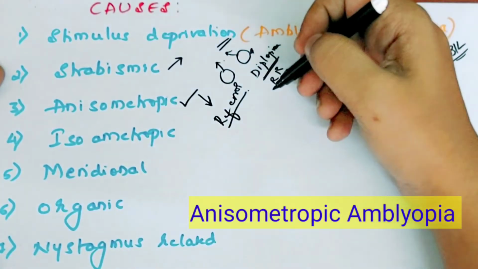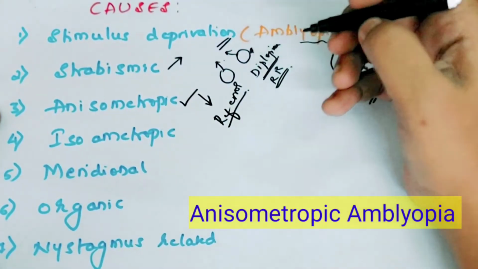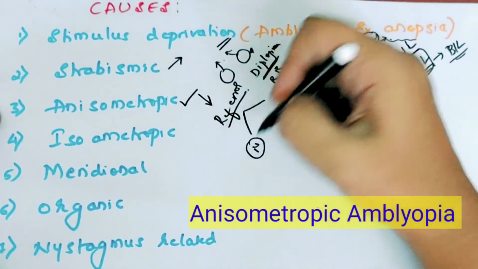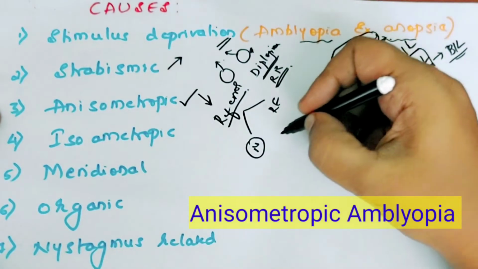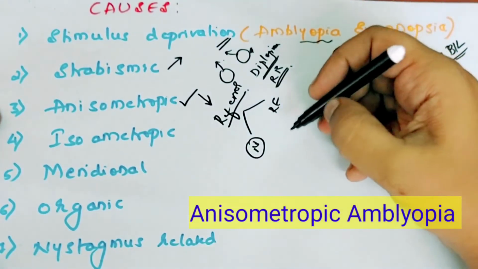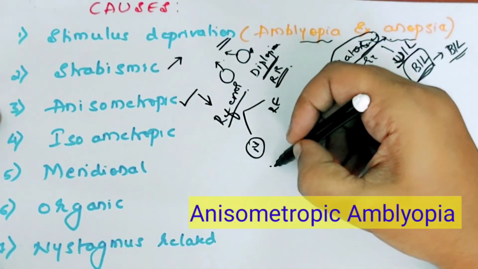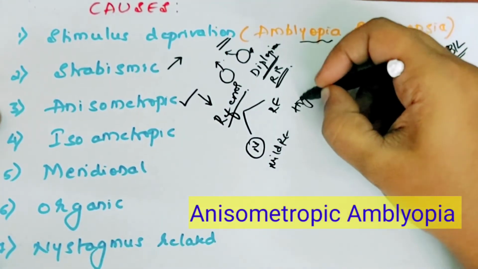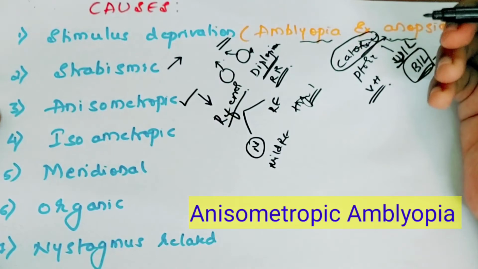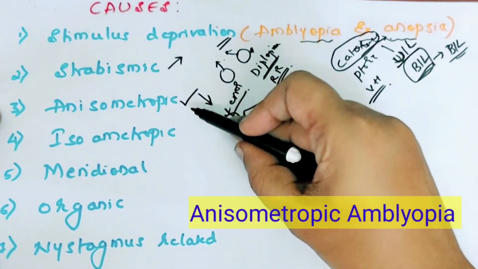The refractive error or the refractive status of both the eyes are different. That is, one eye can be completely normal, other eye is having refractive error, or the difference between the two eyes with respect to the refractive error is high. That is, one eye is having very mild refractive error, whereas the other eye is having very high refractive error. In those cases, it will lead to anisometropic type of amblyopia.